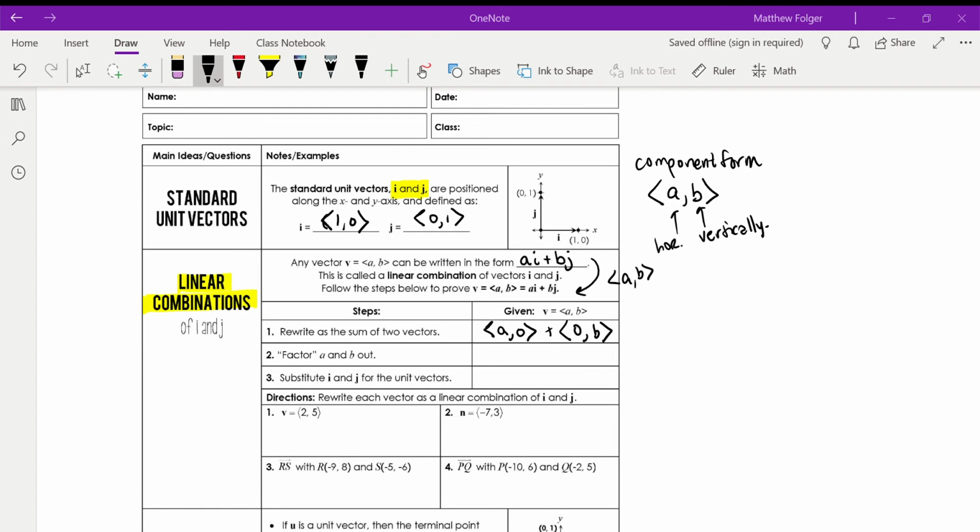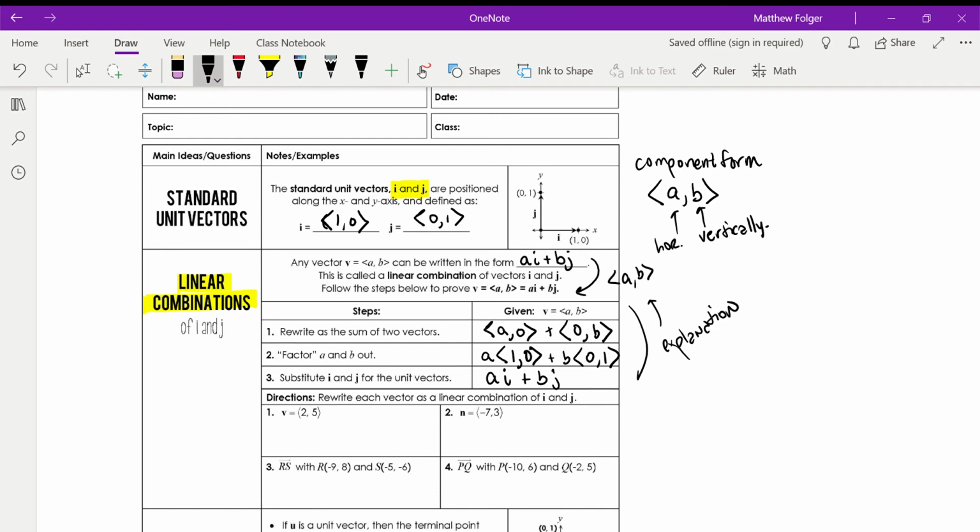Now, you can also write this as a, if you take an a out of here, times 1, 0, plus b times 0, 1. And now we know i is 1, 0, so this is the same thing as saying ai plus b, and then j was 0, 1, bj. So basically, this is just an explanation for why this works.